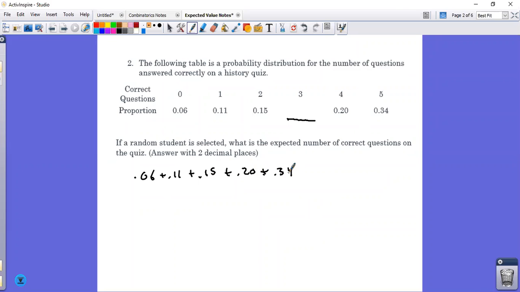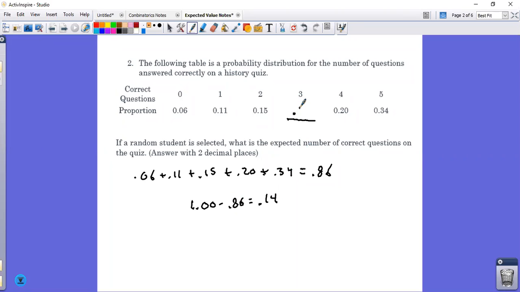So it's going to be 0.06, 0.11 plus 0.15, 0.20 plus 0.34. That adds up to 0.86. So 1 minus 0.86 is 0.14.